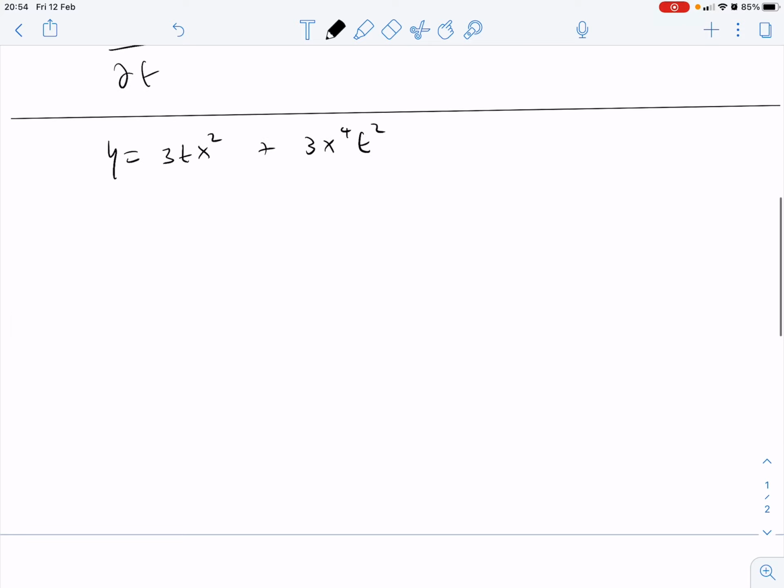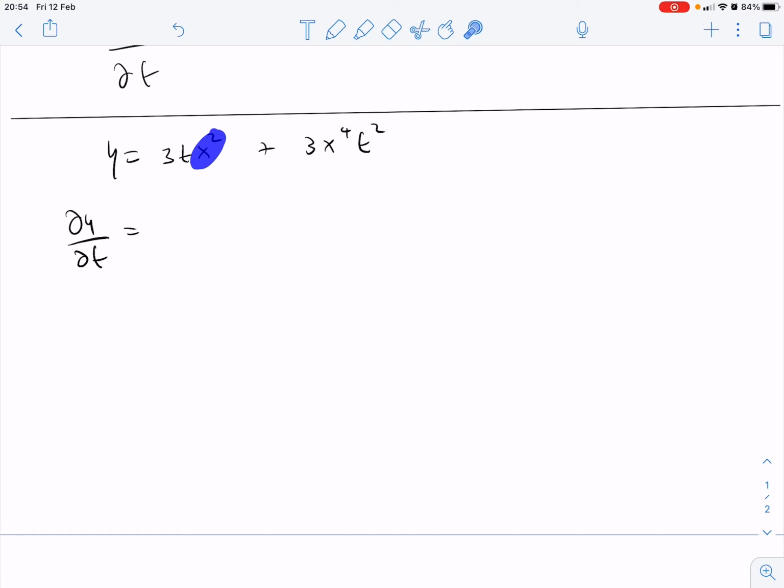Now partial y by partial t. You can say dy by dt or delta y by delta t, say it however you like, but make sure you write it like this when doing partial derivatives. So partial y by partial t: this is a constant, remember that.